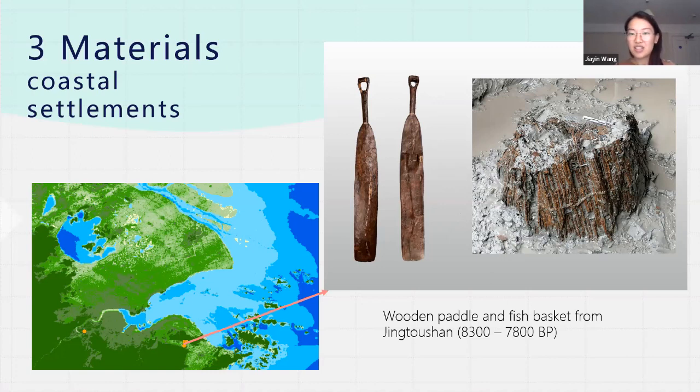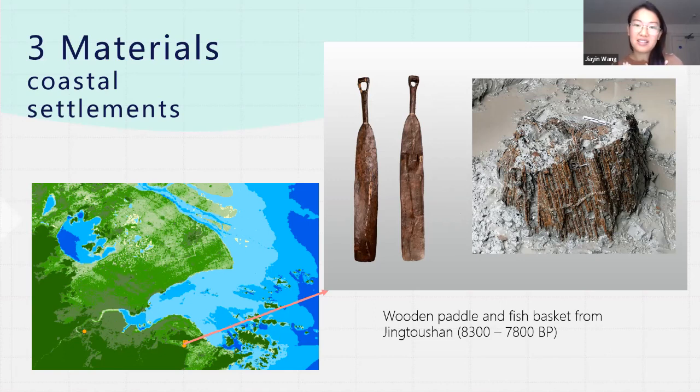The existence of these wooden artifacts could suggest that the Jingtoushan people had mastered the ability to exploit sea resources and also to conduct efficient seafaring.